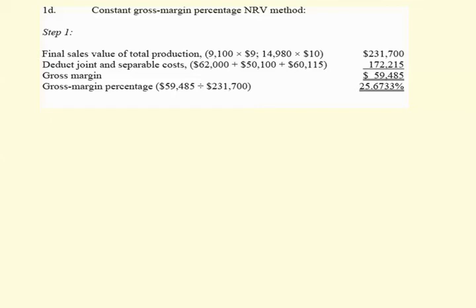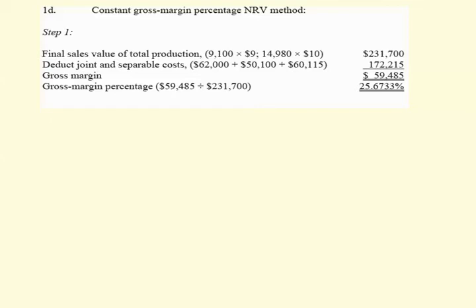We have first product, 9,100 pounds multiplied by $9, plus number of pounds of second product, 14,980 multiplied by $10. So total sales value of the two products will result in 231,700.